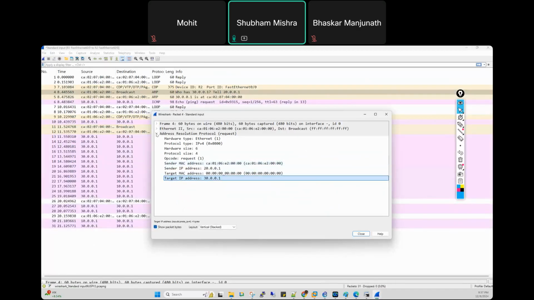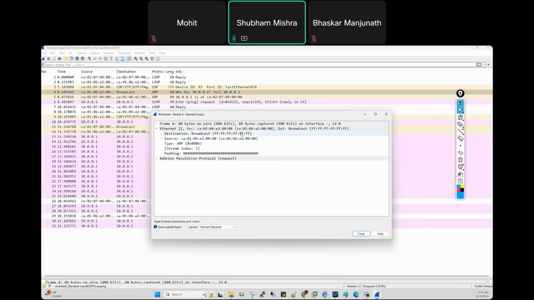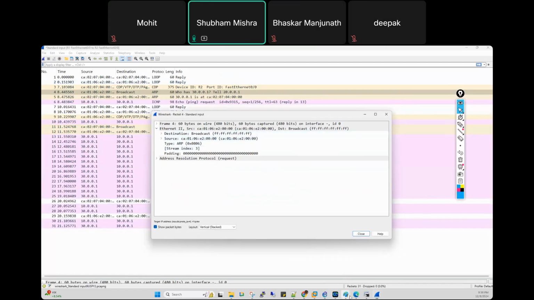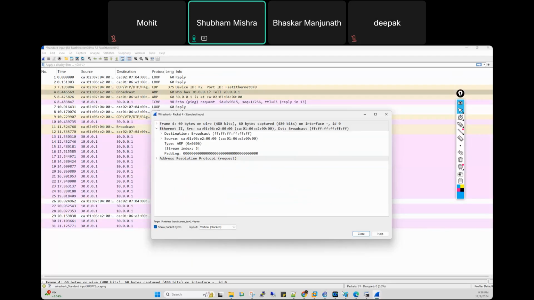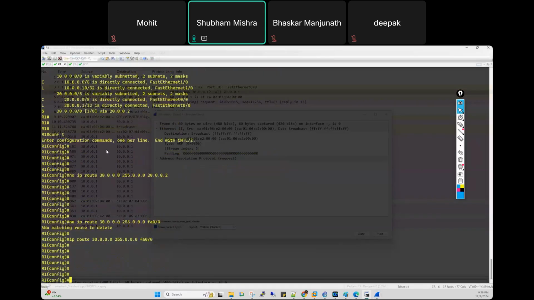At layer 2 again, that is the broadcast, and the source MAC address. In the source MAC address, you will get the MAC address of which device? You will get the MAC address of FastEthernet 0/0. Clear, everyone? Come here on the router.